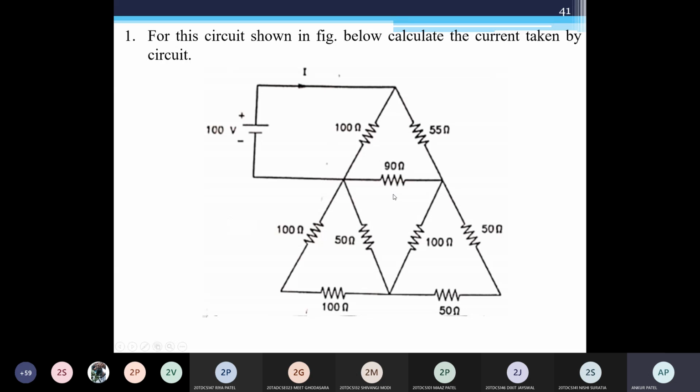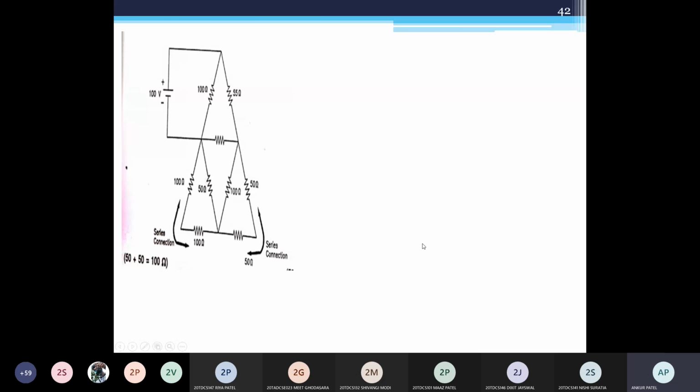We already solved this in the previous lecture. These 100 and 100 are in series, and 50 and 50 are in series. Then it becomes a parallel connection of 50 ohm and 100 ohm. So this series connection, this series connection, that is 100, 50.